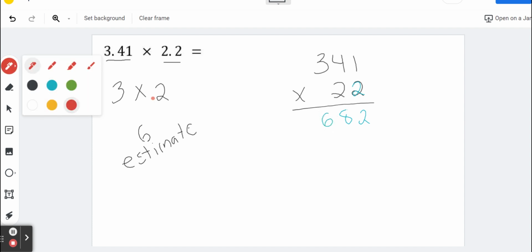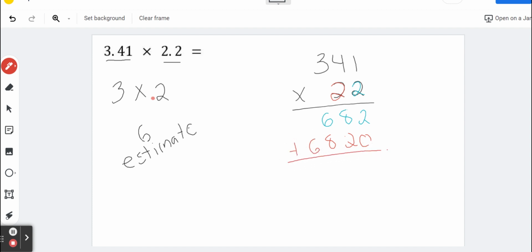Then I go to the next digit, which is another 2. But for this 2, technically that is not a 2. Technically that is 20 because it's in the tens place. So to represent that, I'm going to put a 0. Then multiply this out. 2 times 1, 2. 2 times 4, 8. 2 times 3, 6.